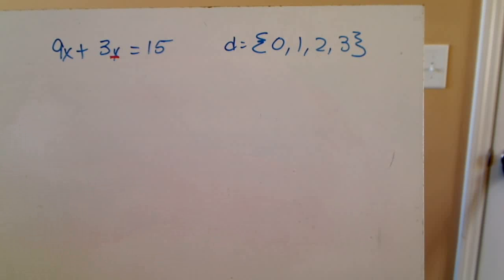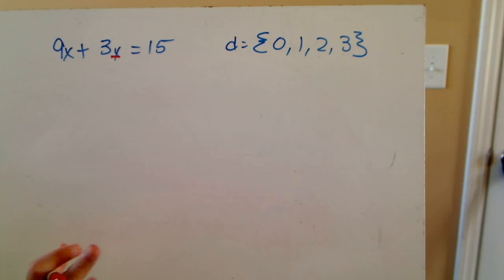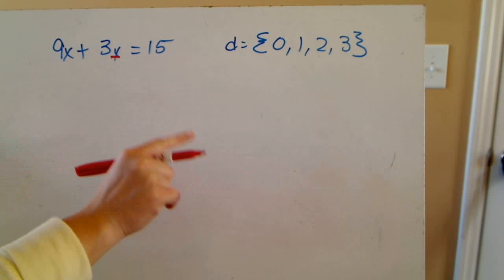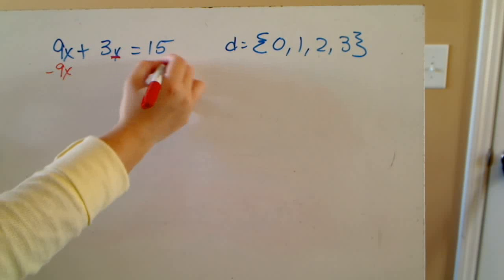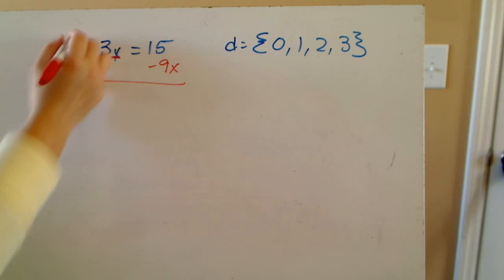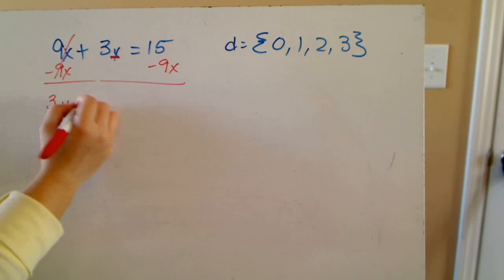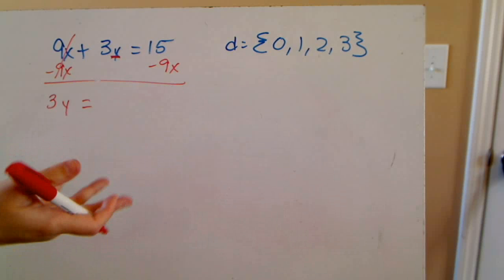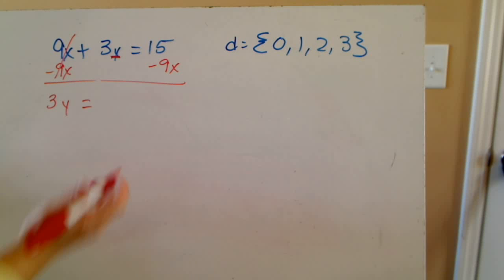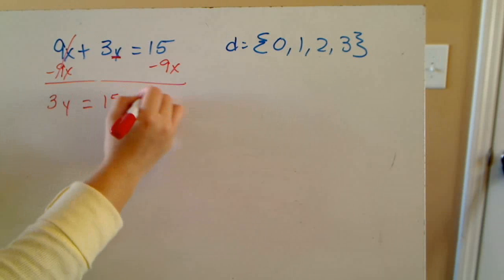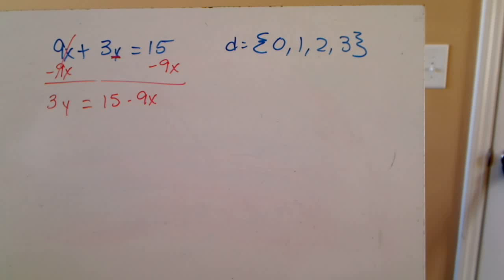So I'm going to leave y right there. Move everything else over, which means my x value has to move over to the right. 9x is positive, so I'm going to subtract it. And I'm left with 3y equals. And I know 9x and 15 are not the same term, so we just write it how it is. 15 minus 9x. And then 3 is being multiplied by y, so I'm going to go ahead and divide each side by 3.